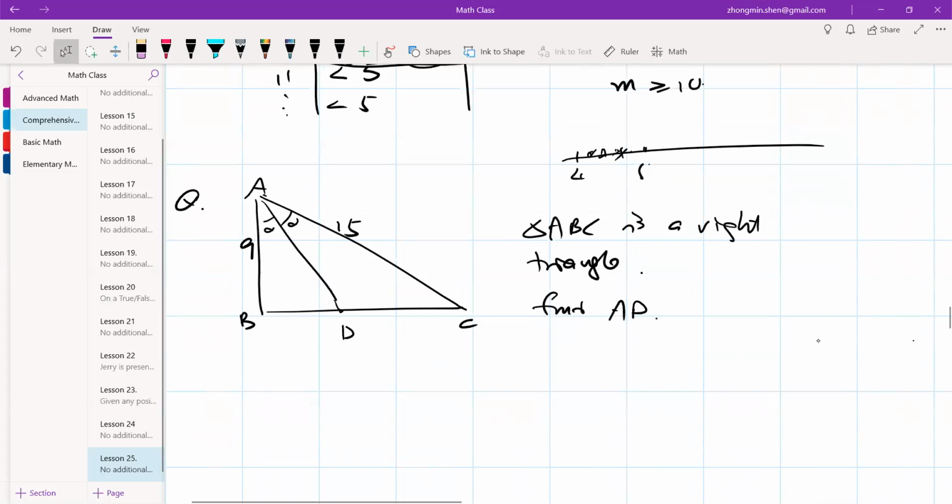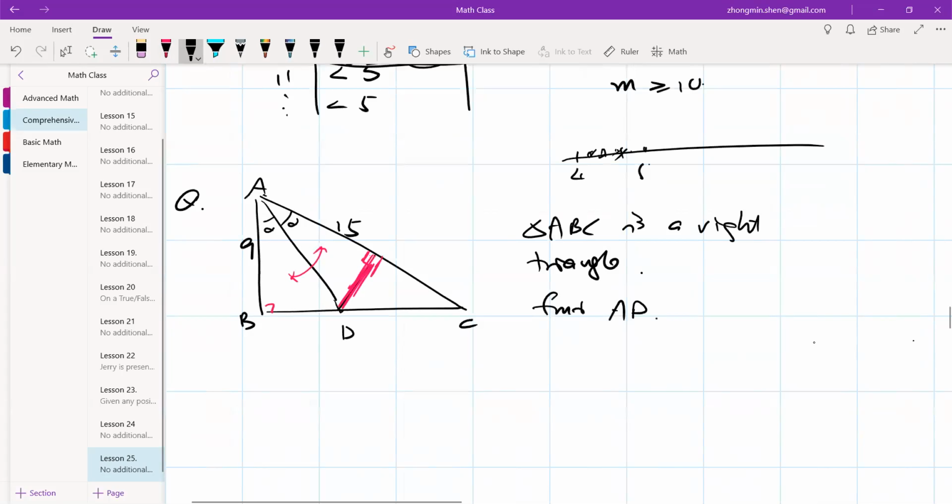So you have to use this property, that the angles are equal. The idea is to draw this line here. Then you will get two triangles, and these two are congruent.